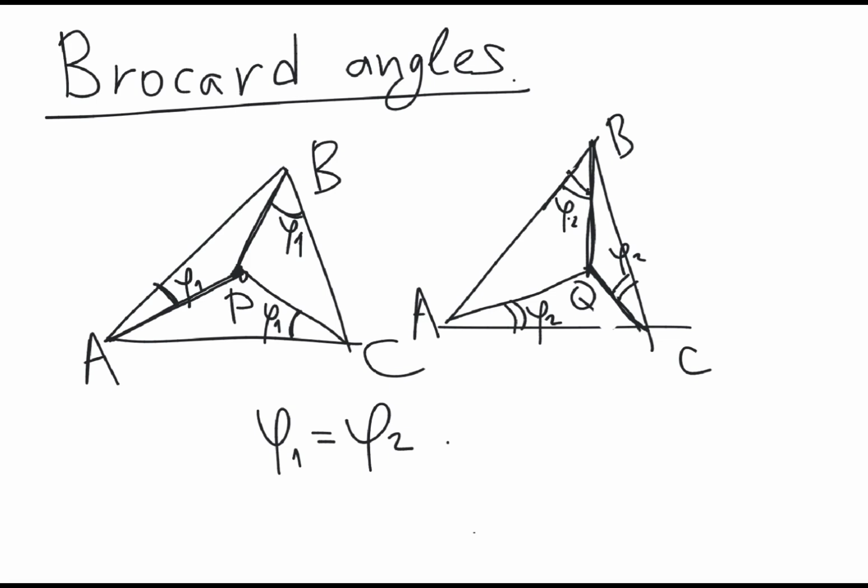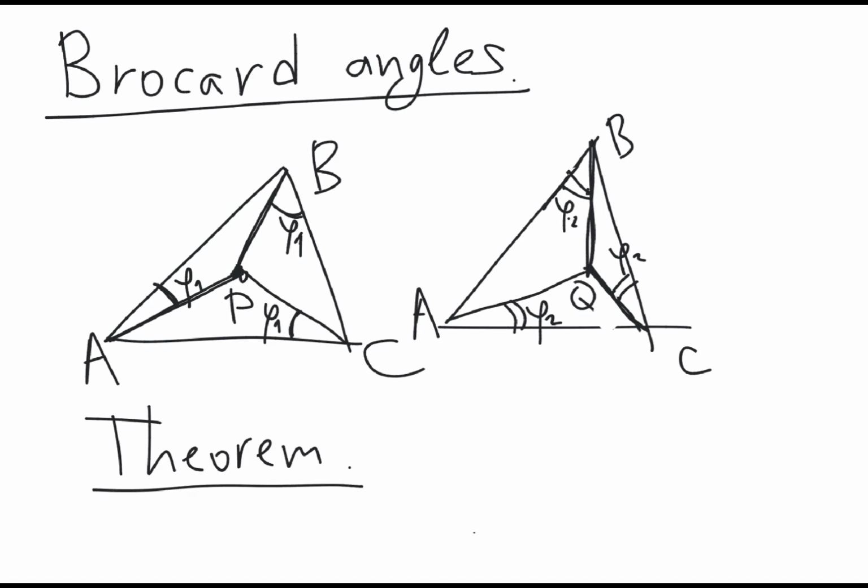So let's write it as a theorem. Phi1 is equal to phi2, and let's write it this way: the cotangent of phi1 is equal to the cotangent of phi2 and is equal to the sum of the cotangents of the angles of the triangle.